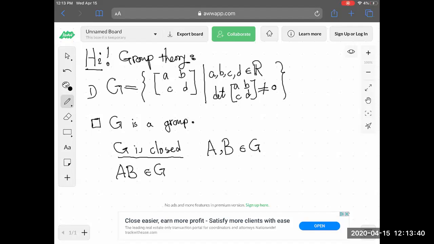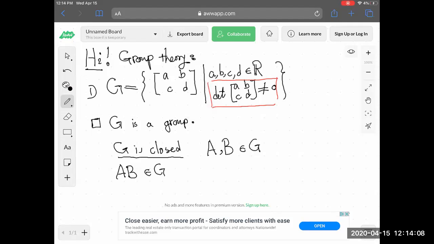But what is the requirement for AB to be an element in G? Well, multiplication of two 2 by 2 real matrices is another 2 by 2 real matrix, so that's kind of trivial. The only thing which remains to be checked is that the determinant also should be non-zero.